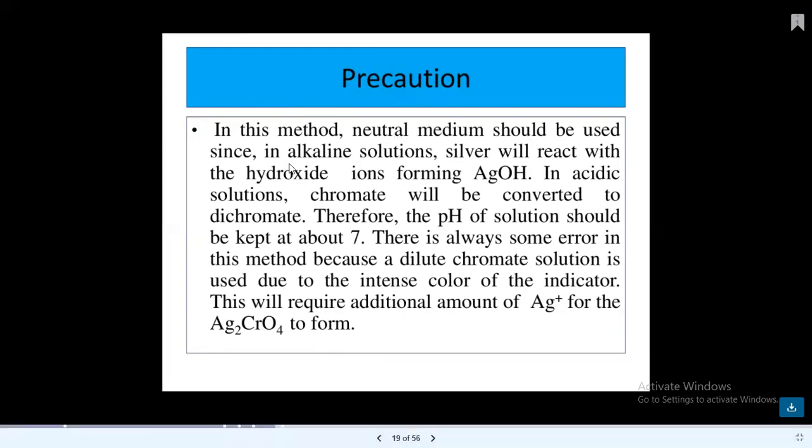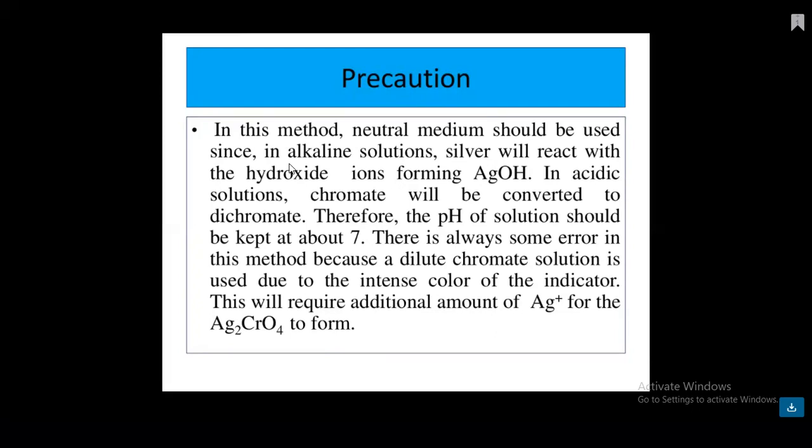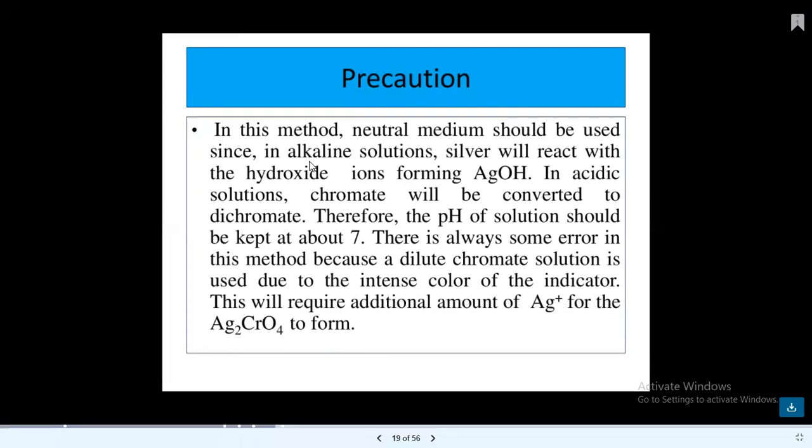The pH must be nearly 7 or 8, not a higher alkaline solution. A neutral medium should be used, since in alkaline solution, silver will react with hydroxide ion, forming silver hydroxide. We know that all metals are electropositive in nature.